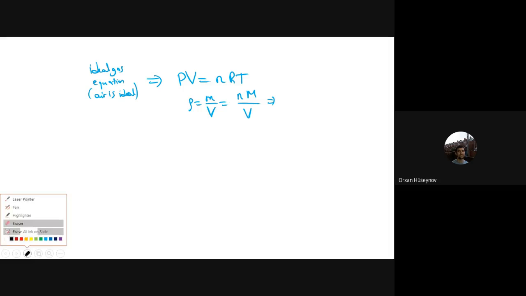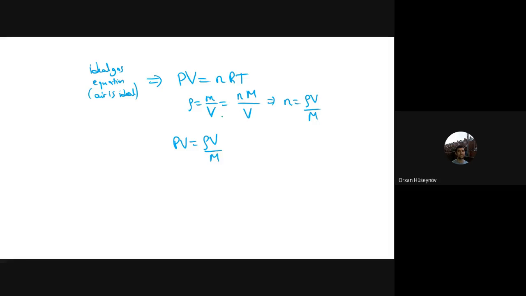I'm trying to get rid of this n here, so that n becomes rho V divided by the molar mass. So PV becomes rho V divided by the molar mass, times R times T. So from here, I know that the V is the same, and I get rho equals PM divided by RT.